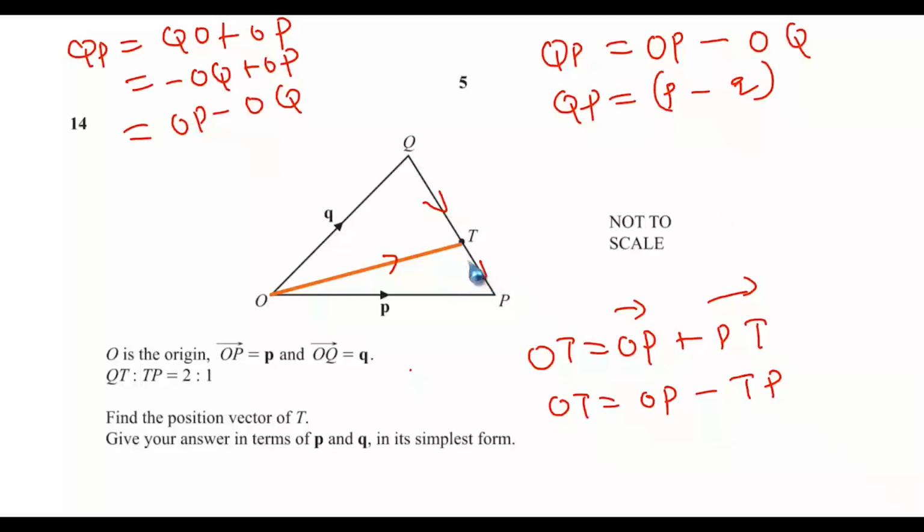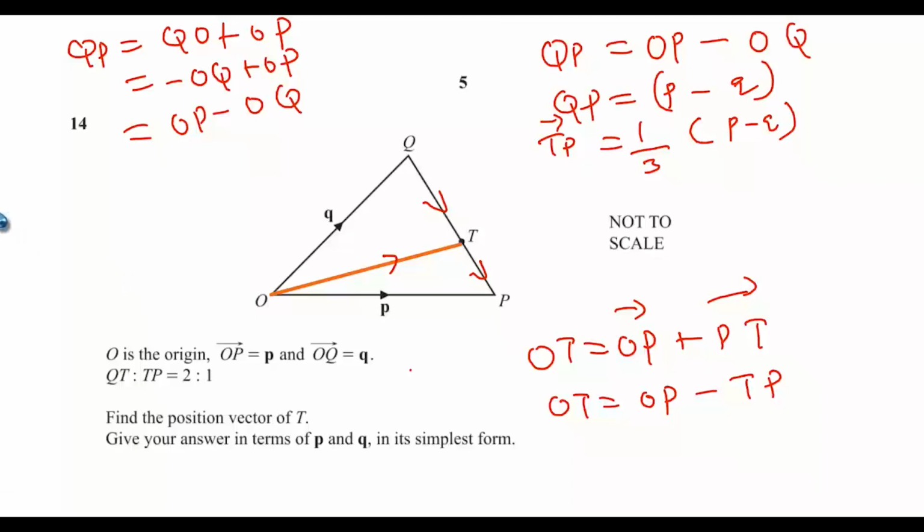So to get TP now, it will be vector TP equals the ratio of vector TP, which is 1 over the total ratio, which is 2 add 1, that is 3, then multiply by QP, which is P minus Q. So this will be the value.